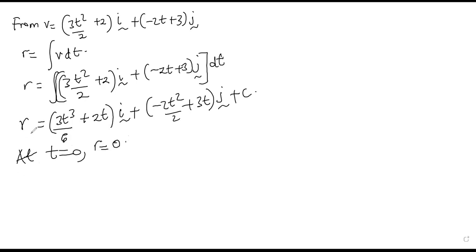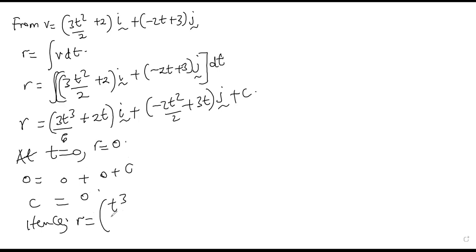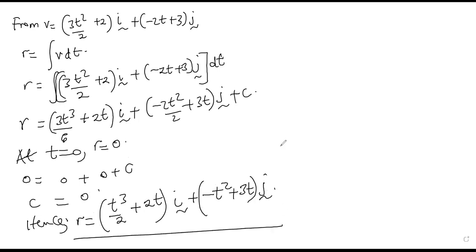It means that 0 is equal to 0, all this will become 0, and all this one will become 0, then C, meaning that C is also equal to 0, meaning that our R is going to be equal to, we reduce it, t cubed over 2 plus 2t i plus negative t squared plus 3t, of course, j. That is the value of R.